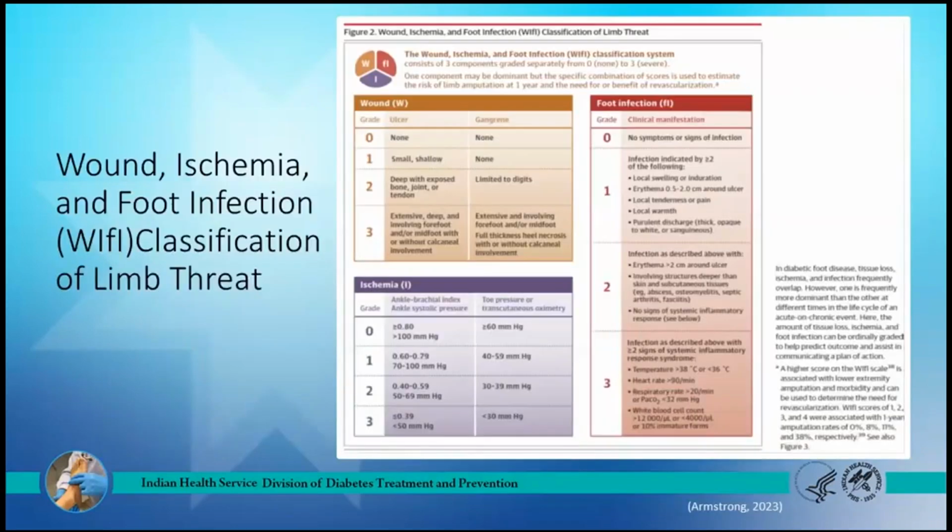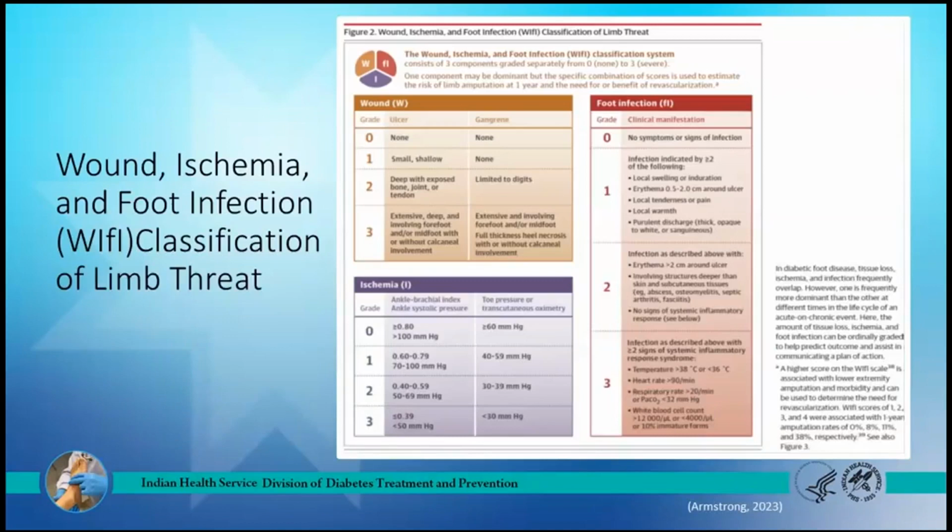Another classification, as stated, is the WIfI, which is a wound, ischemia, and foot infection classification for limb threat. It should be noted that a lot of our vascular surgeons like to use this classification. Again, it's broken down into 3 categories of wound, ischemia, and foot infection, with grades of 0 to 3 in each category.